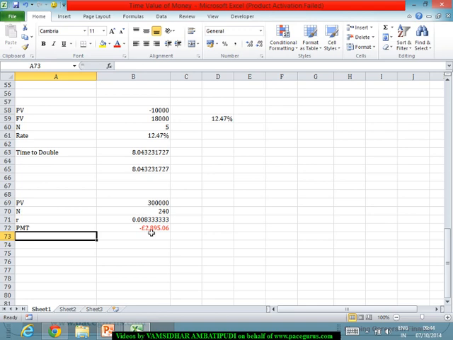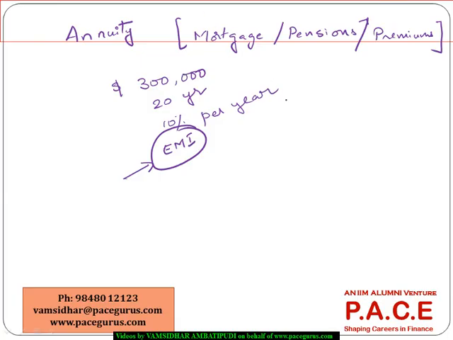Overall it says that I need to pay $2,895 per month for this loan. So the annuity is computed through this mechanism in a straightforward manner.